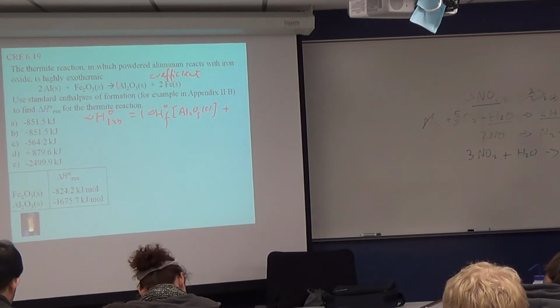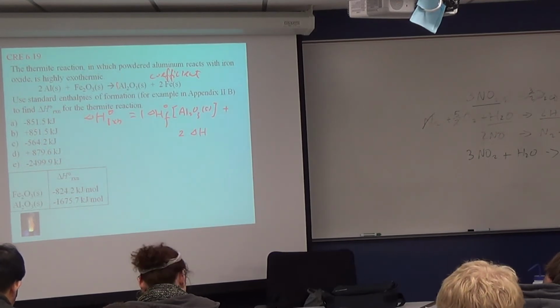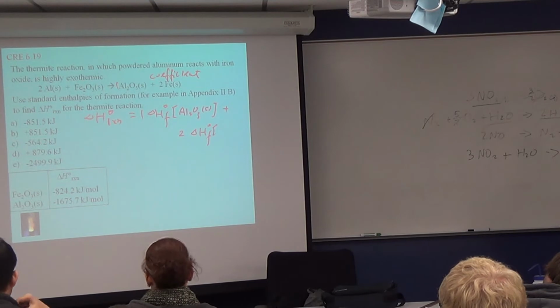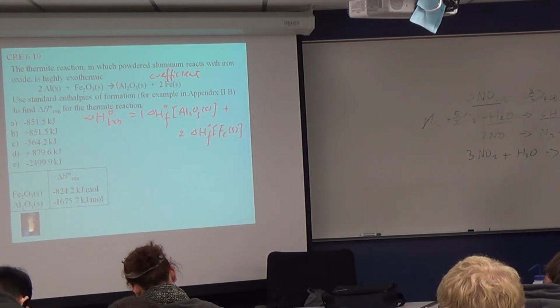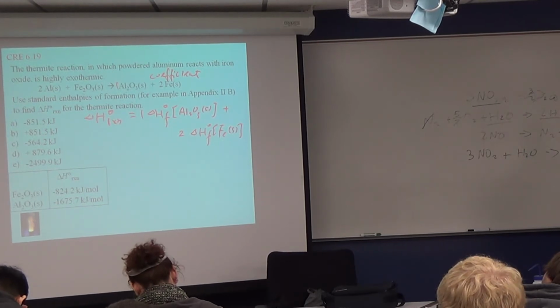So then plus 2 times delta H0F for the Fe solid. You understand why that? Right? So that's also the product.